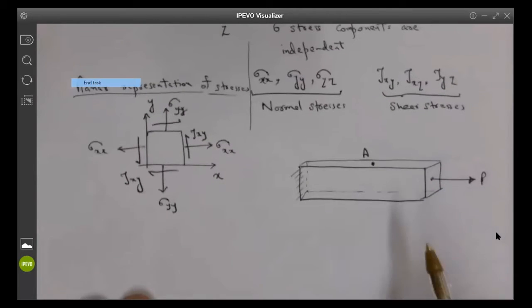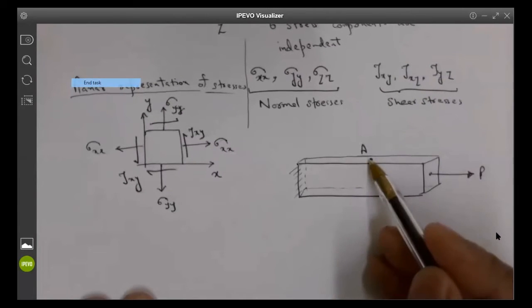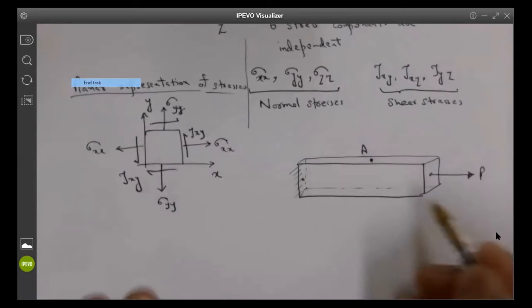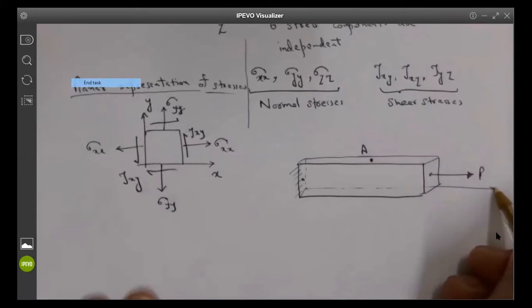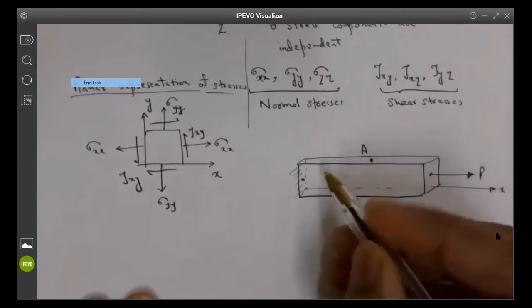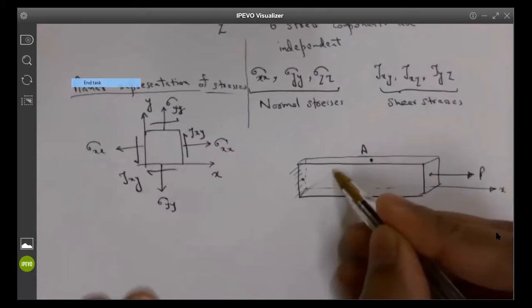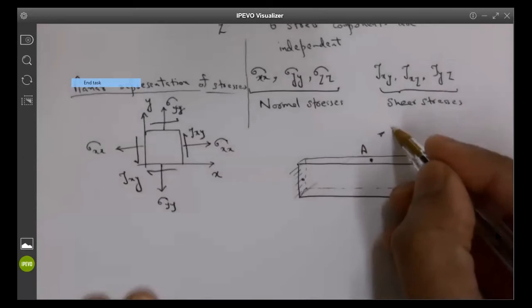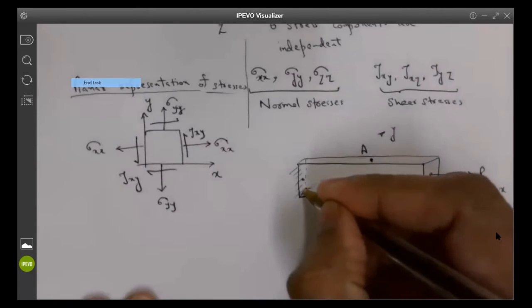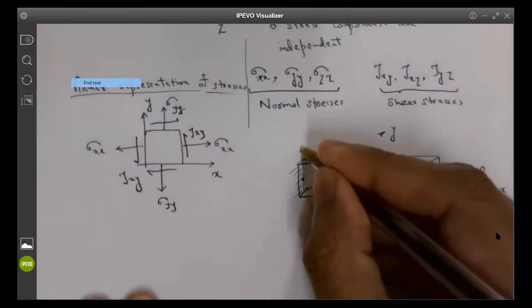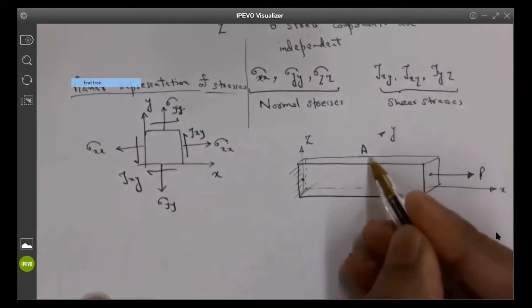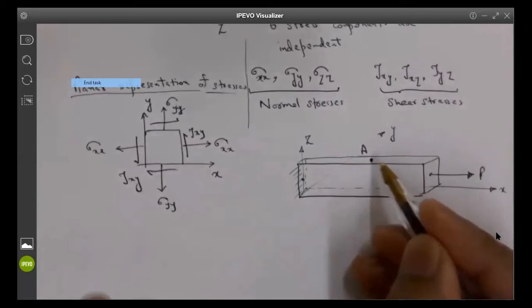Similarly, if I have a rectangular strip and I would like to find the stresses at this point A, my coordinate system is defined so that this is the x-axis. The one going down inside the plane of the paper is the y-axis, and this is the z-axis.